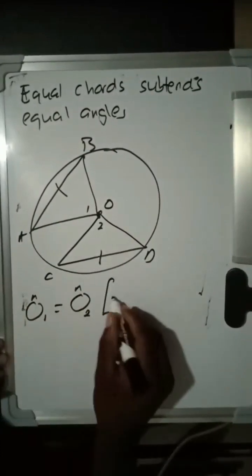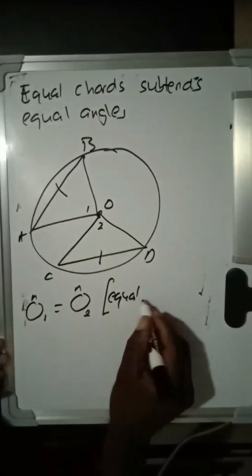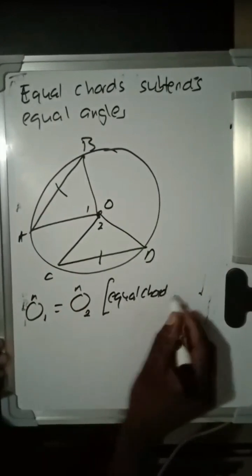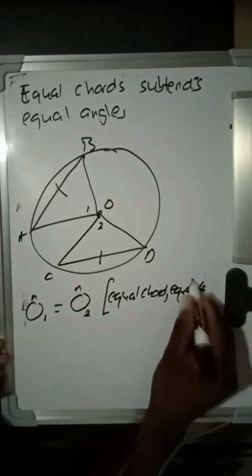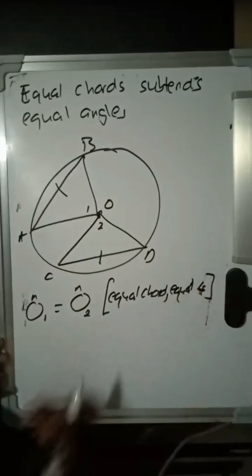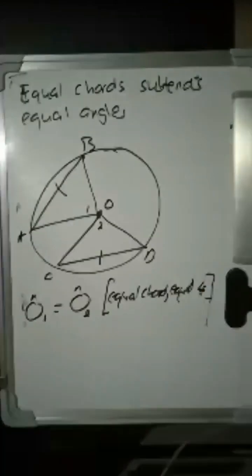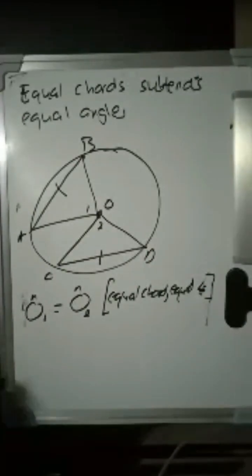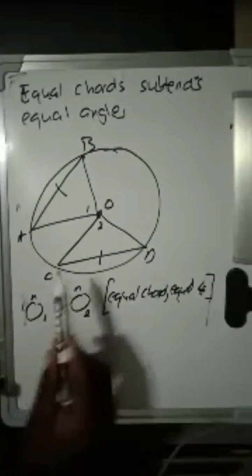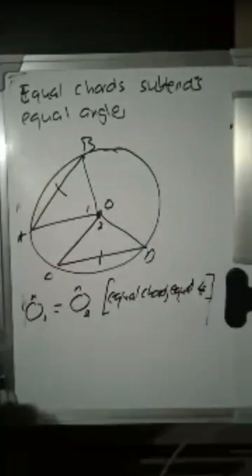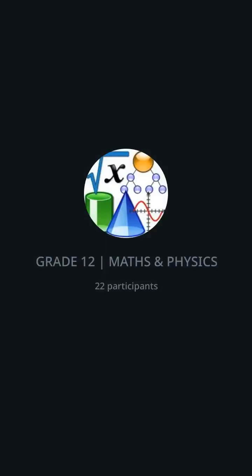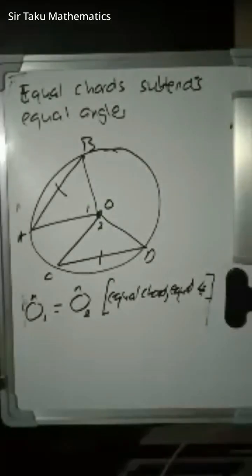Then again, equal chords, equal angles, like that. So it is also very important to note that the angles can be on the center or the angles can be on the circumference. Okay, that is equal chords, equal angles.